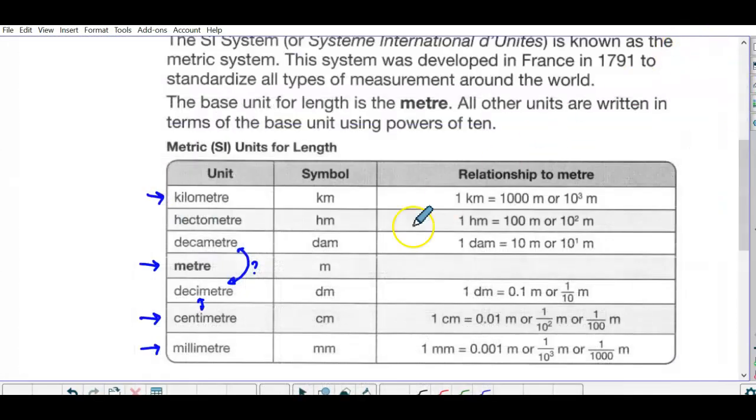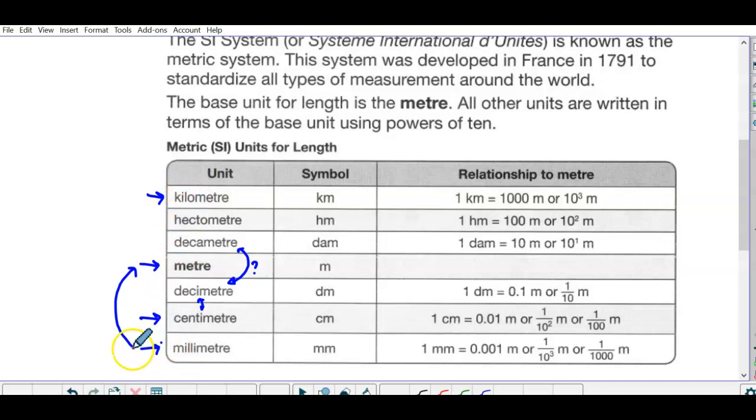Okay, another important thing to remember is that these have basically three lines, right? This is the smallest, this is the biggest, so the chart goes from biggest to smallest.